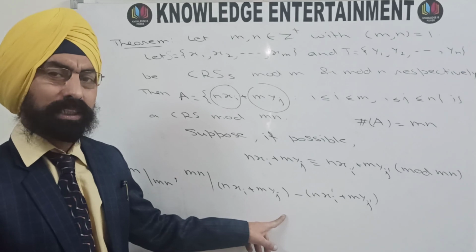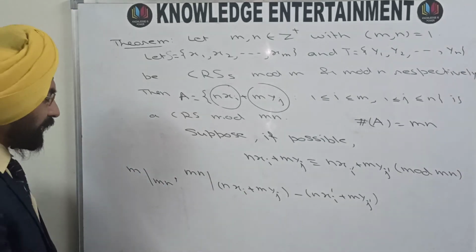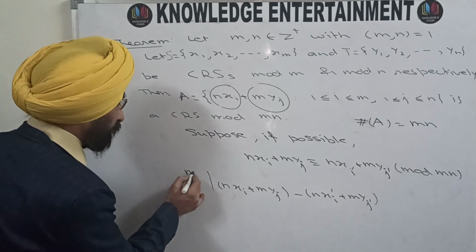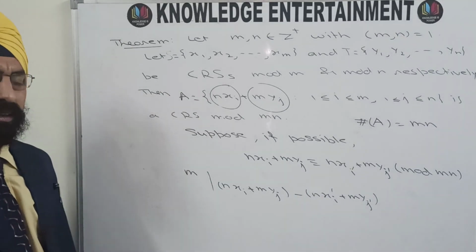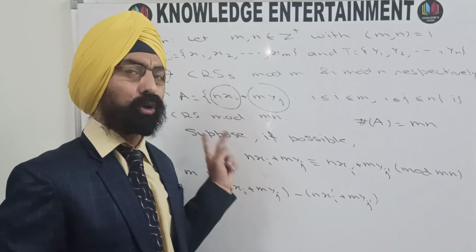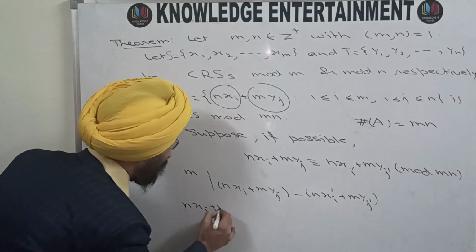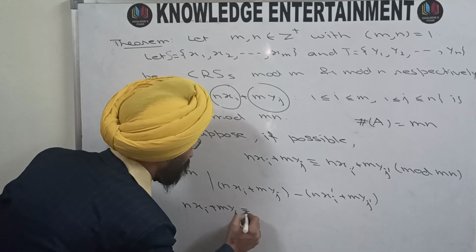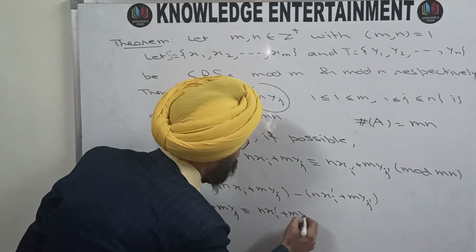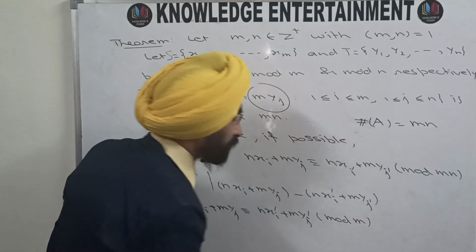So using transitivity you can directly say that m divides this number. I am not writing a new step, I am directly writing here that m divides this number. And m divides a minus b means a is congruent to b modulo m. So once again I am writing n xi plus m yj is congruent to n xi dash plus m yj dash modulo m.